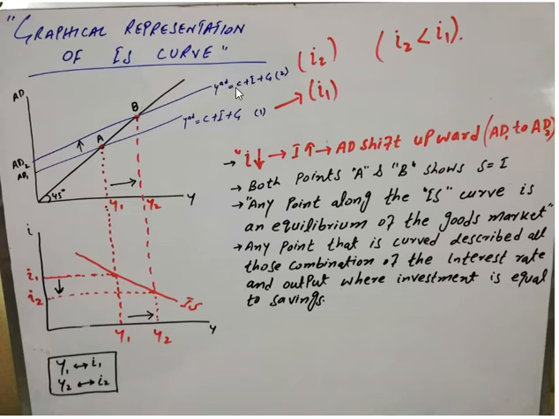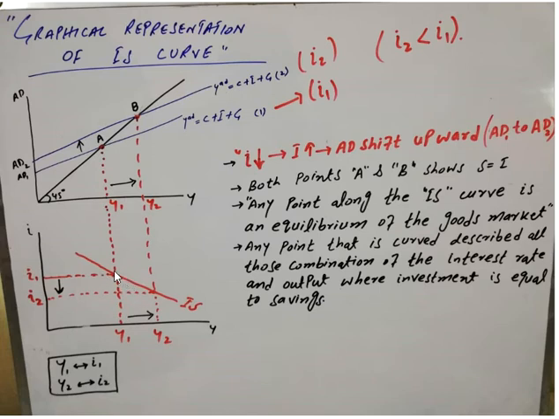When the interest rate is low, we make more investment, and when we make more investment, aggregate demand shifts upward. So we write the interest rate values here as I1 and I2, where I2 is less than I1.